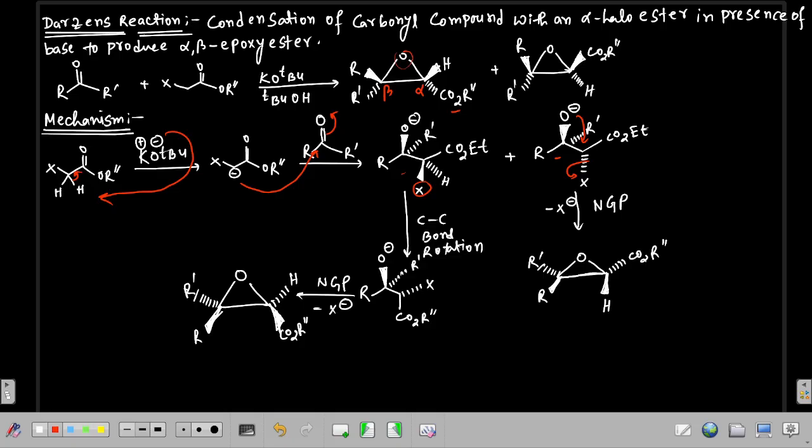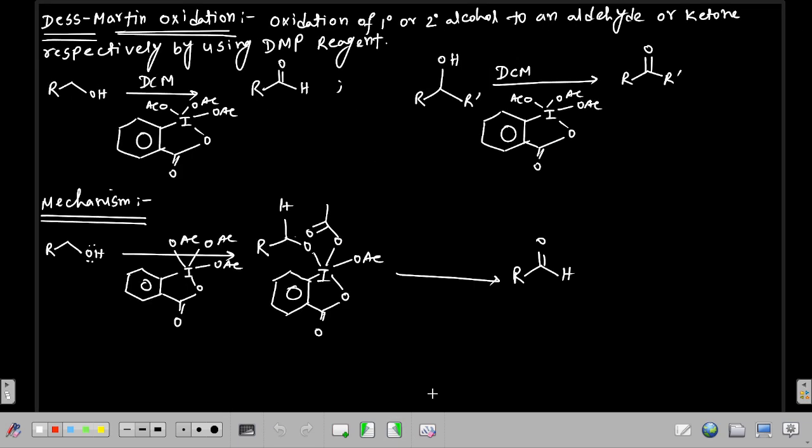Then only both this halide and this alkoxide will be on different faces, the opposite face. Then only this NGP will happen. So it will undergo NGP, and it will form this epoxide. So in this reaction we are getting two products, that is two diastereomers.